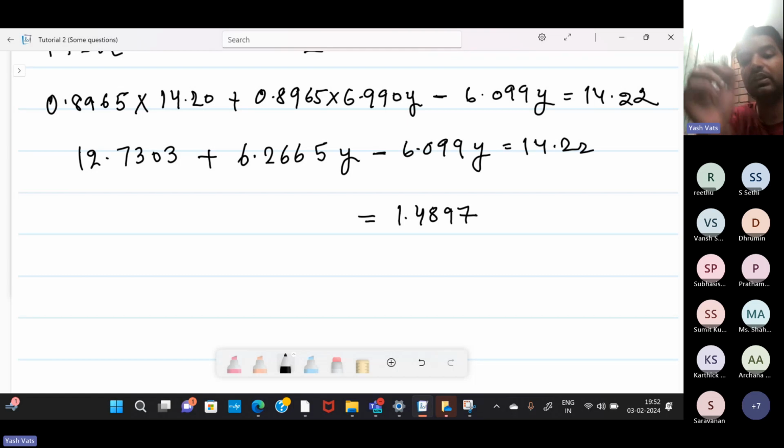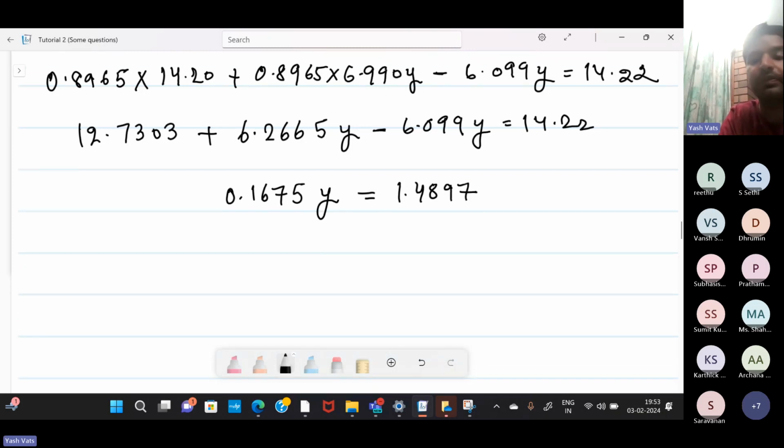1.4897, and on this side you have 6.2665 minus 6.099, which is 0.1675, and y.